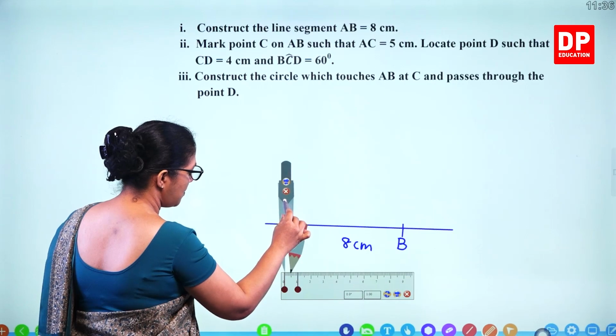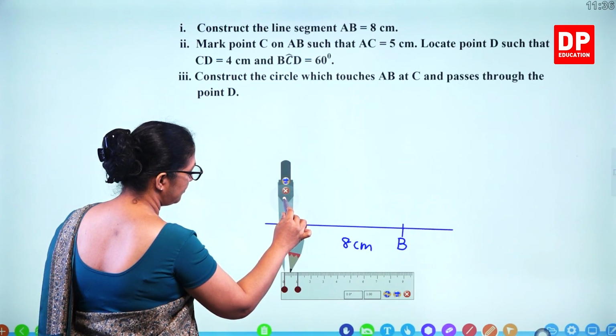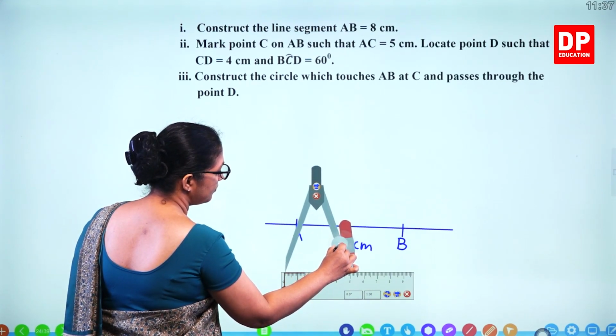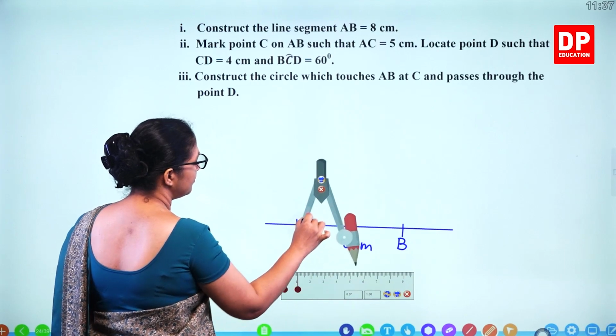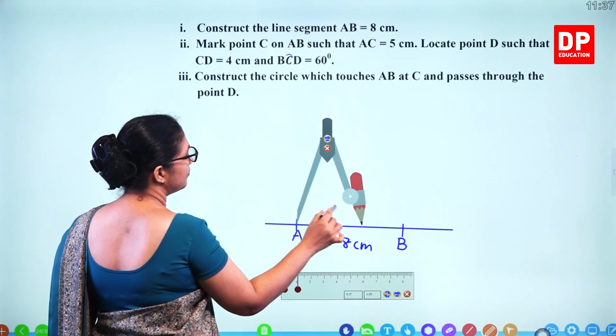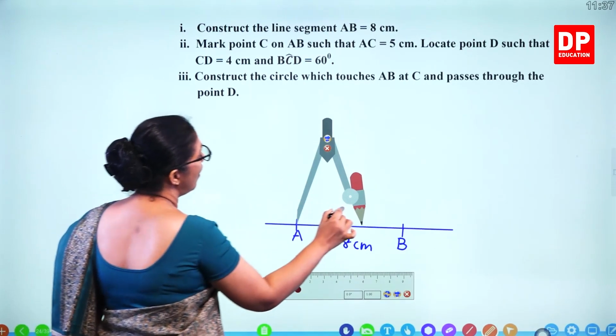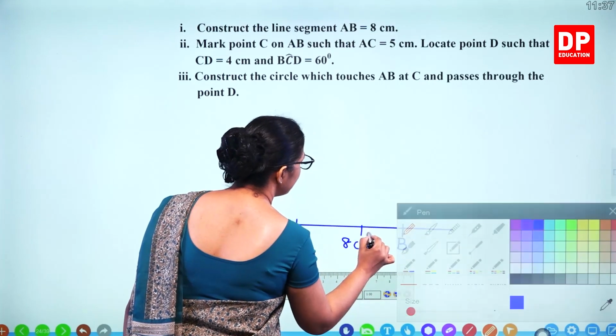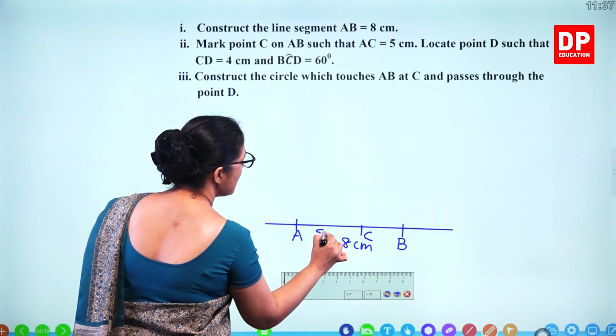AC is 5 centimeters. So this is C. So this is 5 centimeter length.